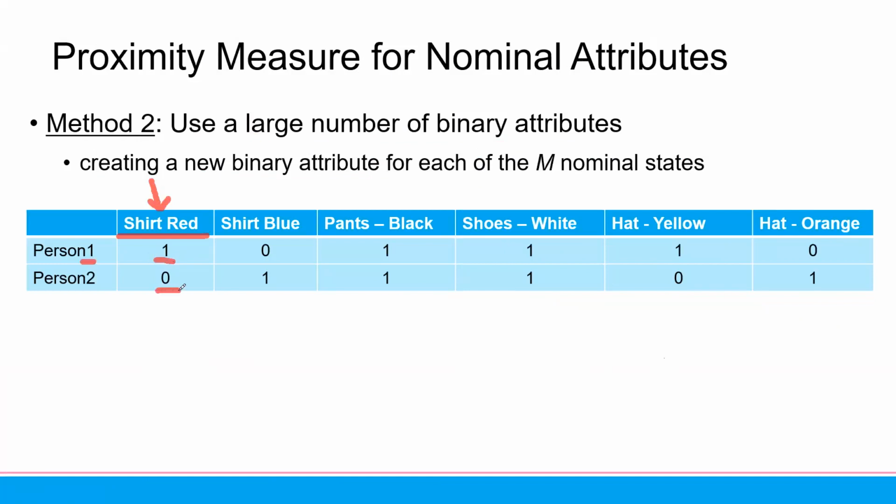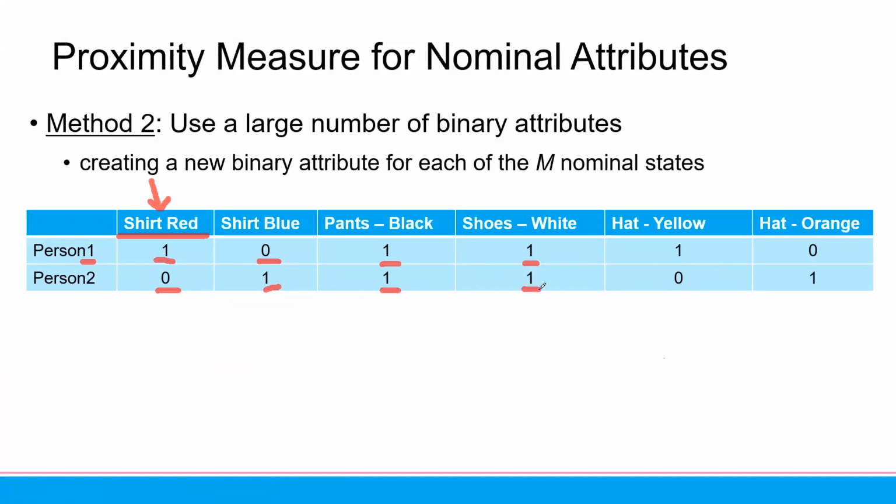Shirt red equals 0 for person 2 because he or she is not wearing the red shirt. On the other hand, this one is 0 and this one is 1 because person 2 is wearing a blue shirt. Here the black pants are 1 for both subjects.